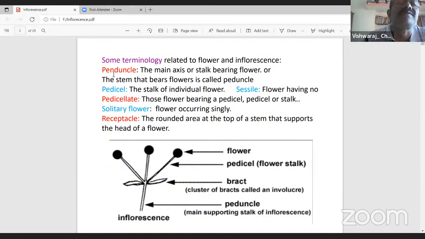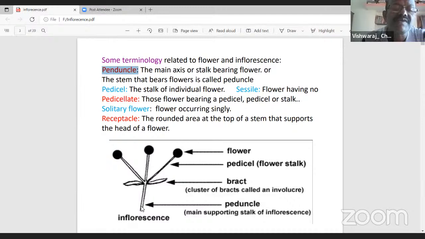Inflorescence and flowers. Number one, peduncle. Peduncle is the main stem, main axis or stalk bearing flowers, or the stem that bears flowers. Suppose this is the main stalk.